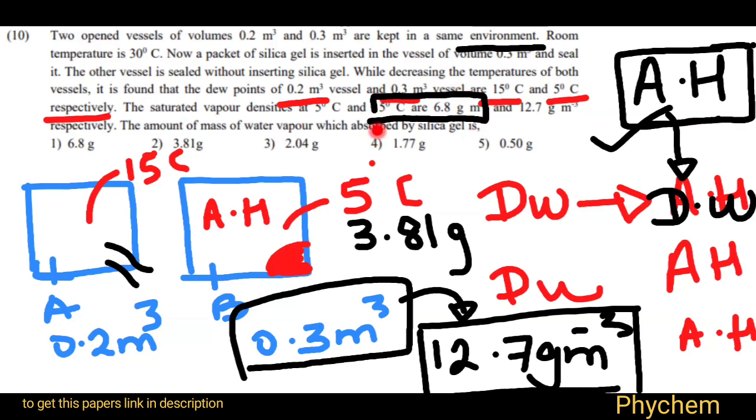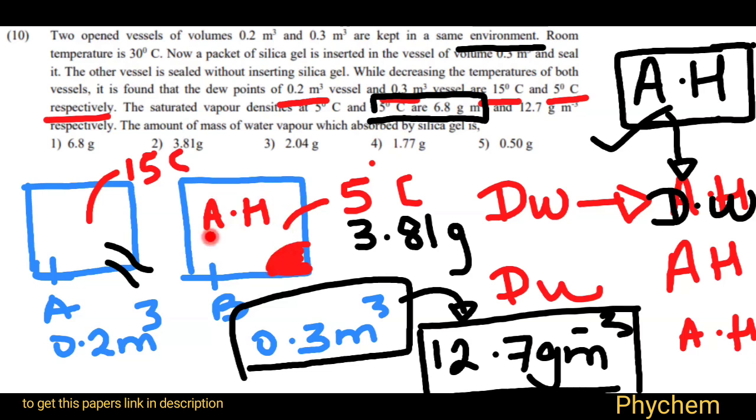Sometimes you may think, if silica gel absorbs all the water vapor, what will happen? How do I decide? No, there's data. If silica gel absorbed all the water vapor in this environment, you could not observe the dew point, but you are observing a dew point at 5 degrees Celsius, which means it didn't absorb all the water vapor. So it only absorbed a tiny amount of water vapor, and there is leftover.